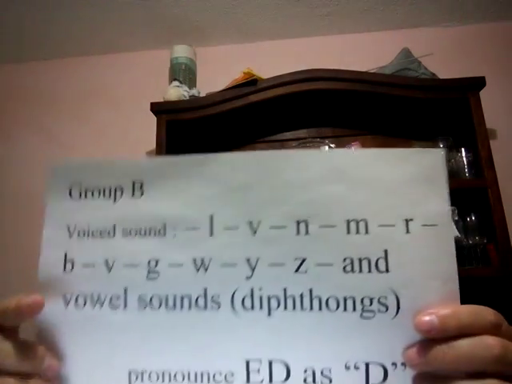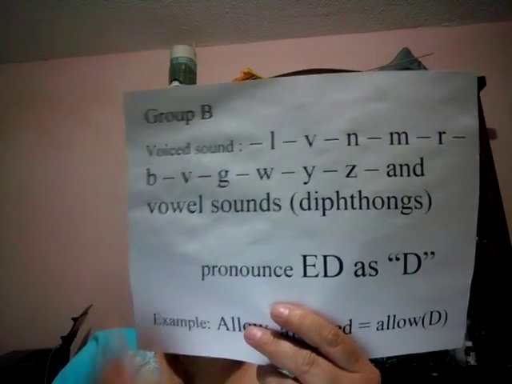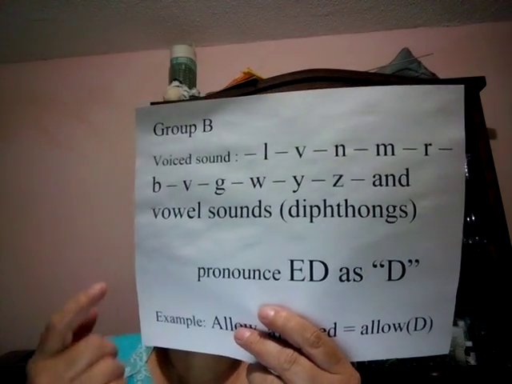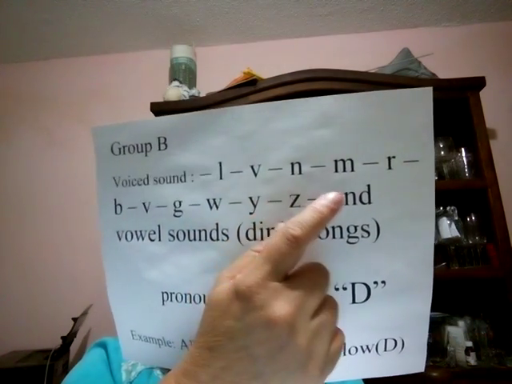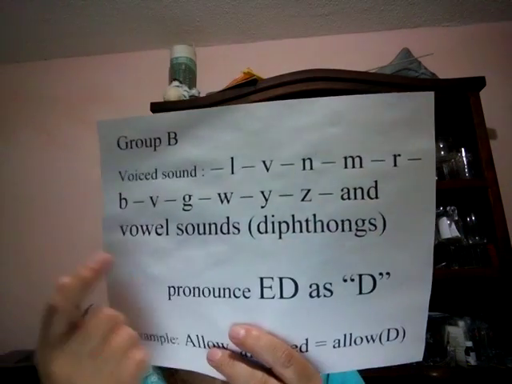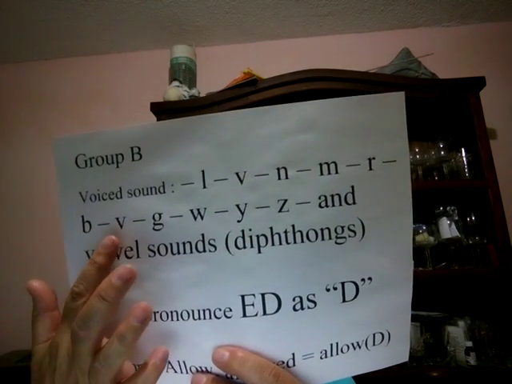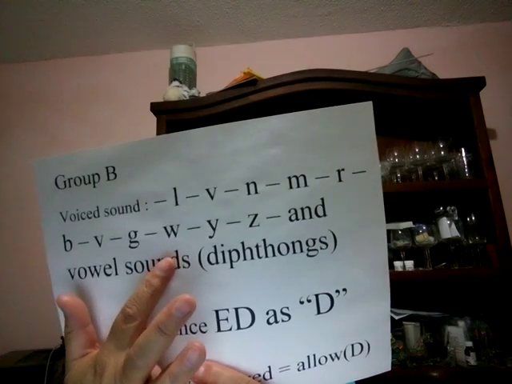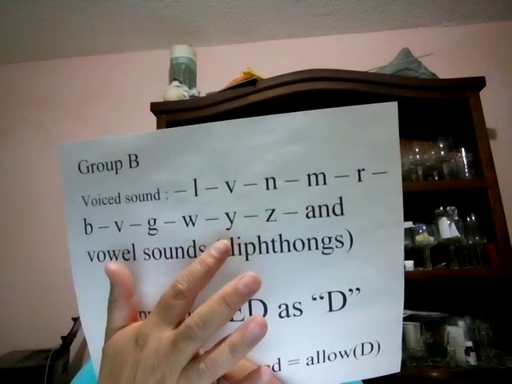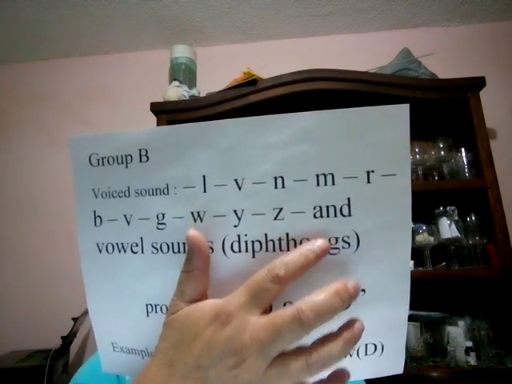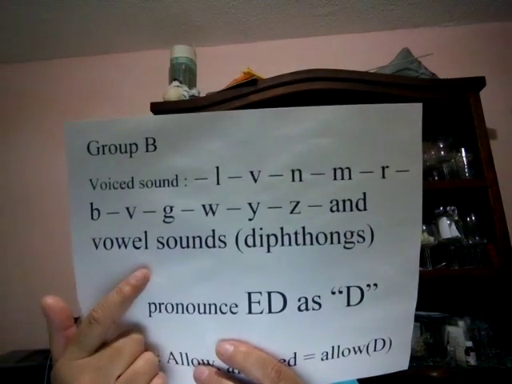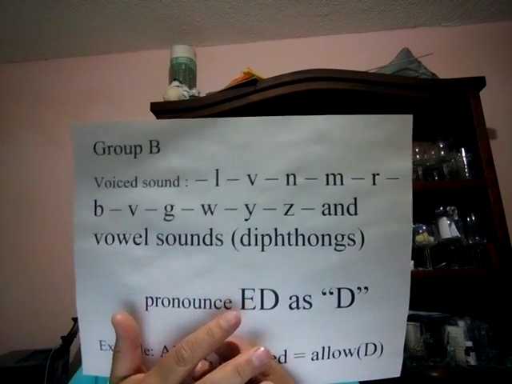In group B are verbs with voiced sounds. Voiced sounds are the consonants L, B, N, M, R, D, V, G, W, Y like a consonant, Z, and when finished in vowels, diphthongs.